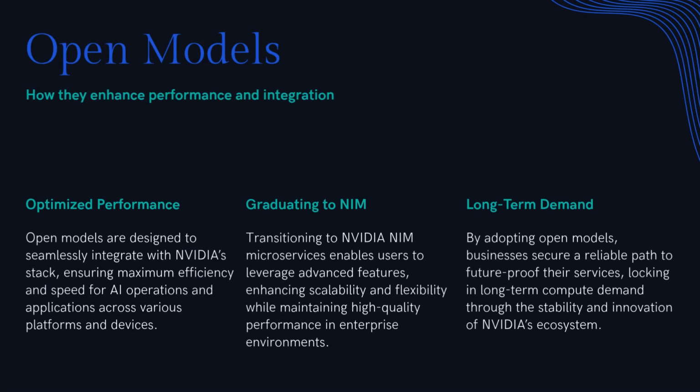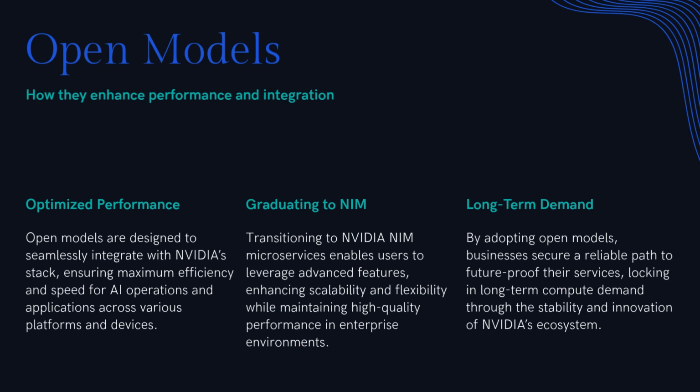Okay, so that's where the flywheel comes in. The open models grease the wheels. Precisely. Developers start playing with Nemotron because it's powerful and accessible. And crucially, these models are optimized, tuned to run best on NVIDIA's stack, hardware and software. Ah, okay, so you get hooked on the performance. Right.